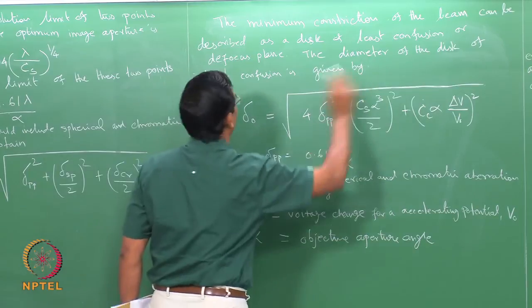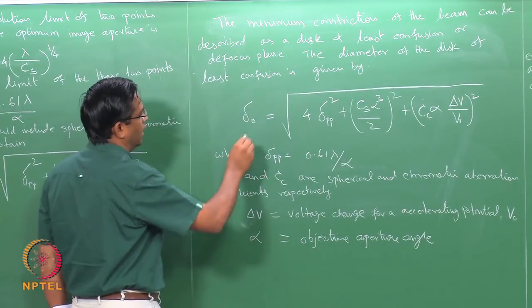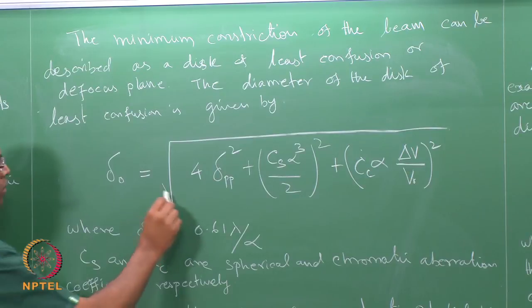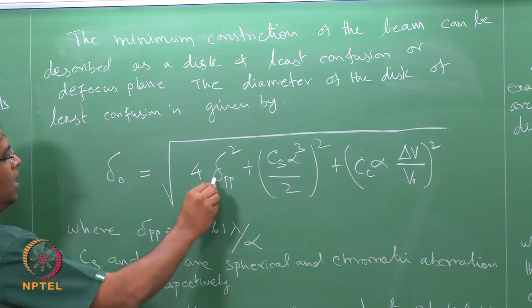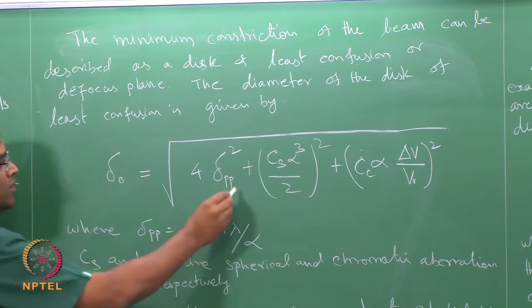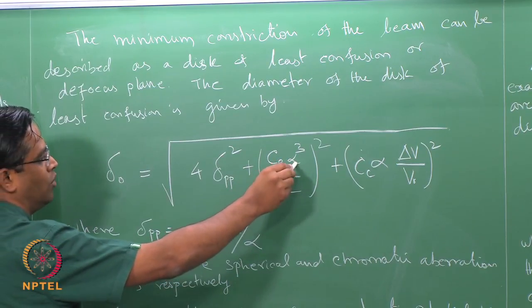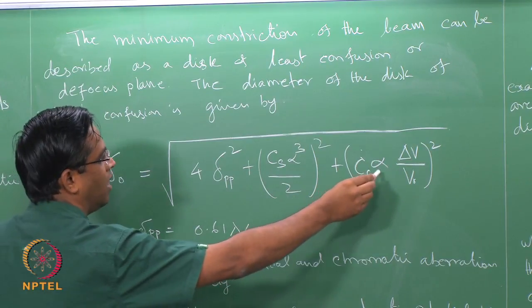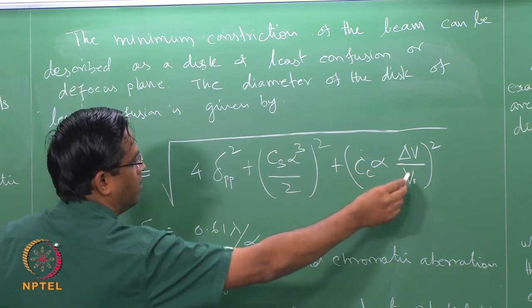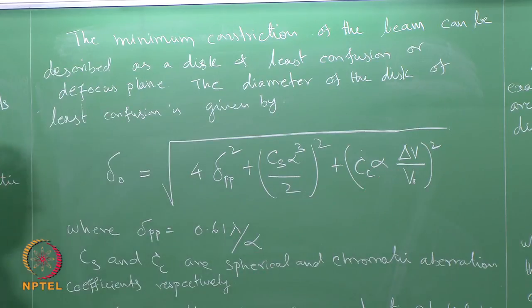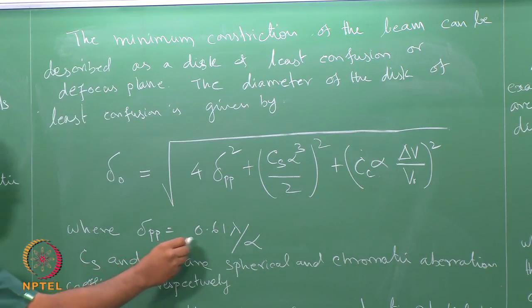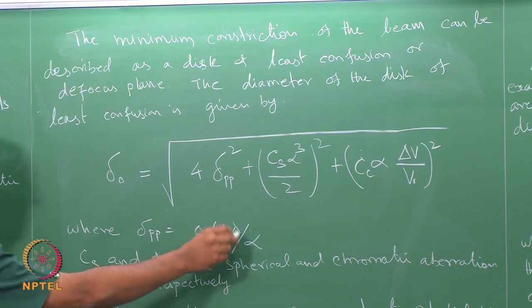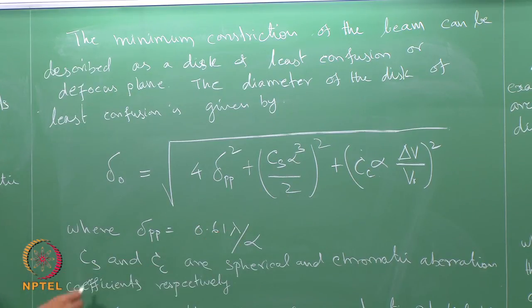The diameter of the disk of least confusion is given by delta naught equal to square root of 4 times delta pp square plus Cs alpha cube divided by 2 whole square plus Cc alpha delta V by V naught whole square, where delta pp is equal to 0.61 times lambda by alpha, and where Cs and Cc are the spherical and chromatic aberration coefficients respectively.